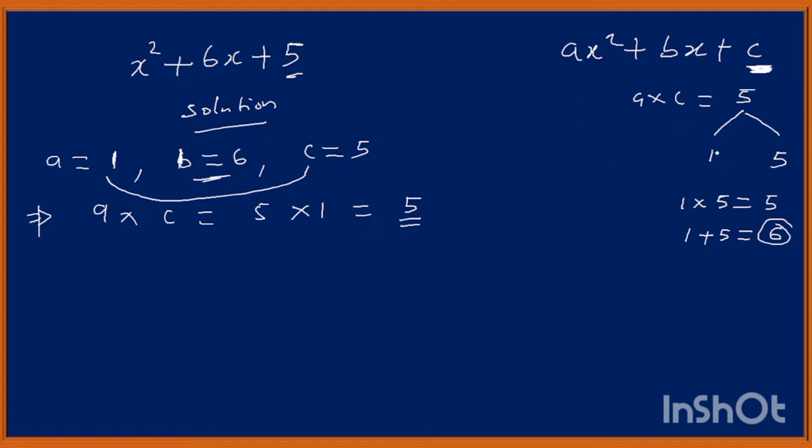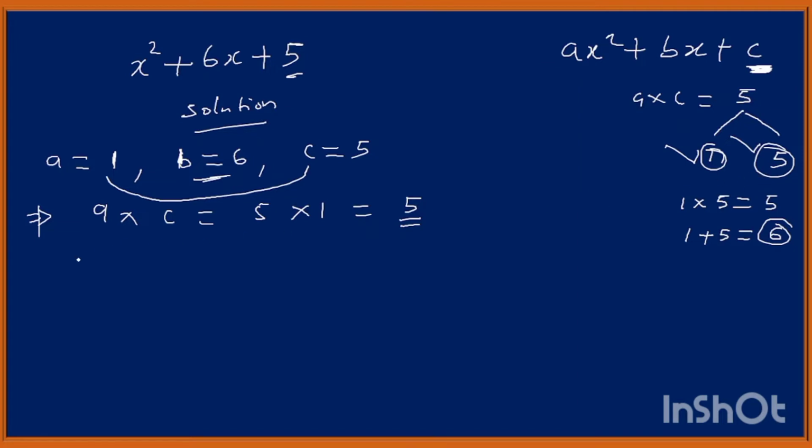So now we are looking at 1 and 5. So now, having gotten 1 and 5, we are going to replace 6x, the second term, with 1 and 5, that is, we are going to add x to them as a base.